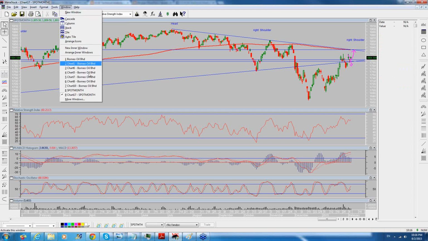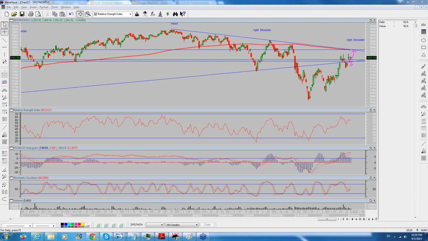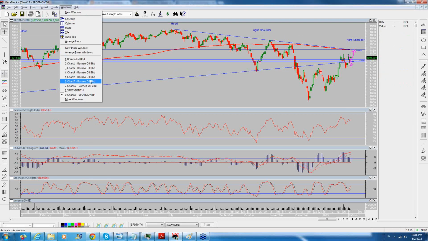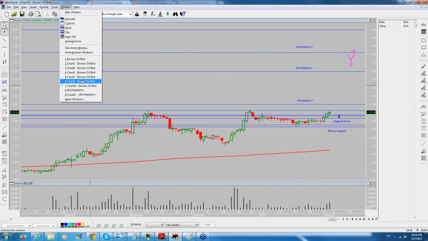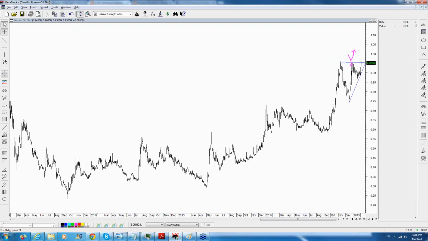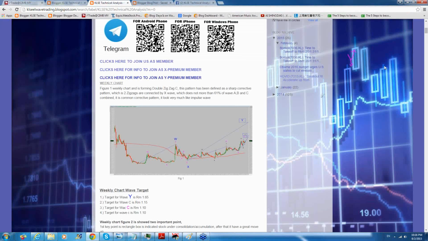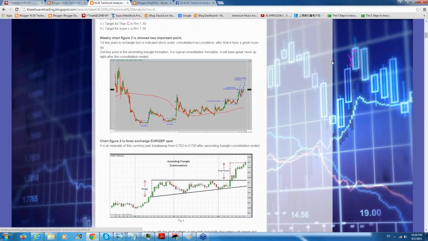In a nutshell, I would like to conduct this stock pick analysis. Very simple, and make it easy for everybody to understand. So let's look at this weekly chart, right?